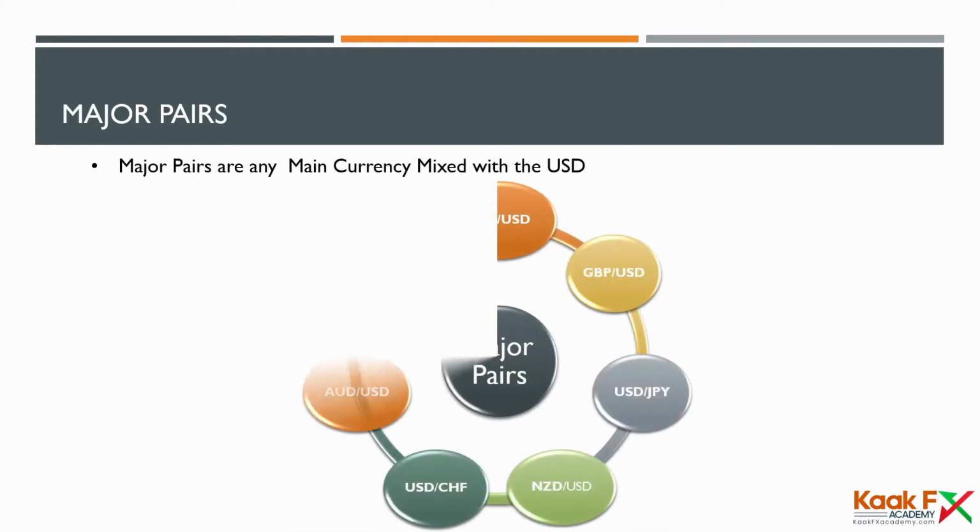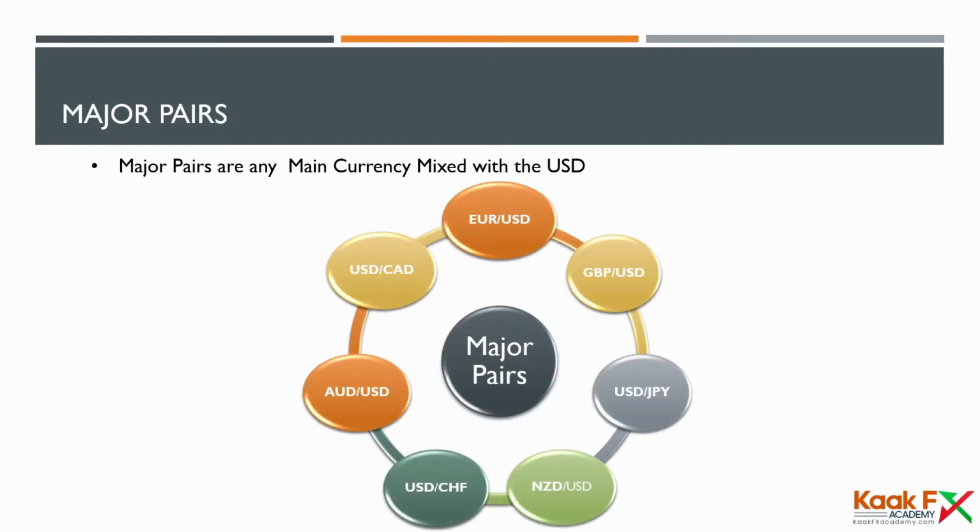Here are your major pairs. For example, Euro US, US Canada, British Pound US, US Japanese Yen, Australia US, US Swiss franc, and finally New Zealand US.